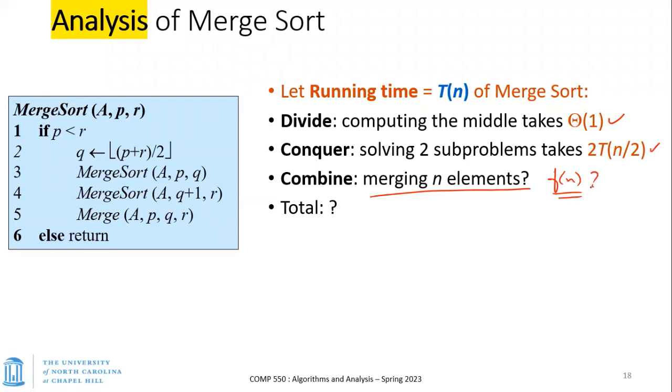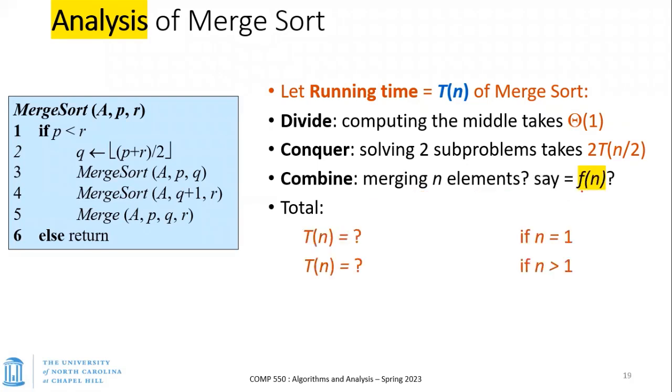We need to determine what this is, and if you express this recurrence, what is this equation? Well, for n greater than 1, we don't really know, but we know the answer for n equal to 1. As the problem becomes smaller and smaller, do we know the final answer? If you're given an array of size 1, do you know what the running time is going to be?